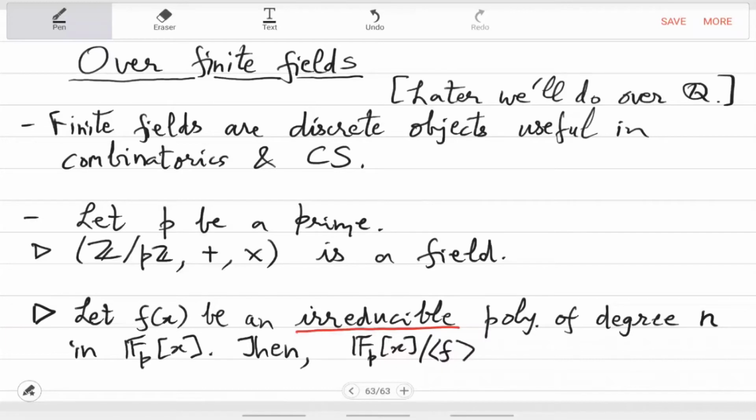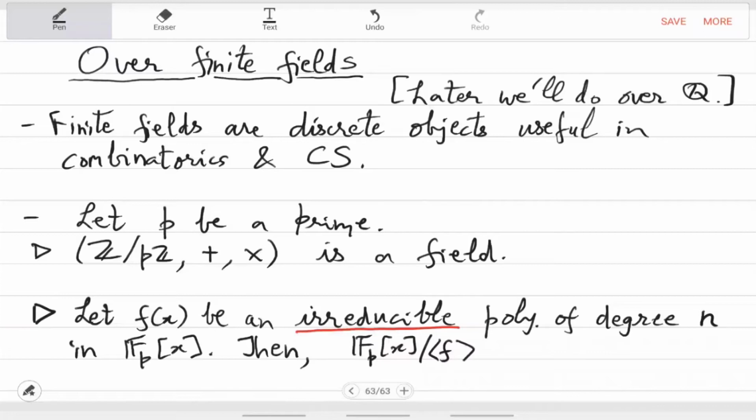So F_p[x] mod f is a field because every element here is invertible, again by the Bezout identity, because f is irreducible, so it behaves the same as you saw in the proof of the above statement. f is kind of a prime, so for any polynomial a, the GCD with f will be 1, or a itself is 0 in this arithmetic. So for non-zero a, GCD of a and f is 1, so you get ua plus vf equal to 1.